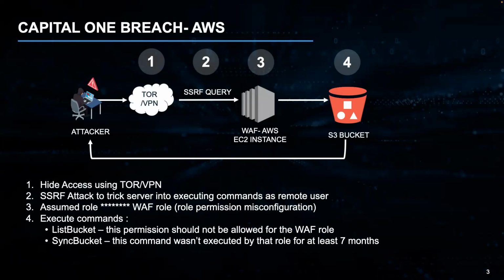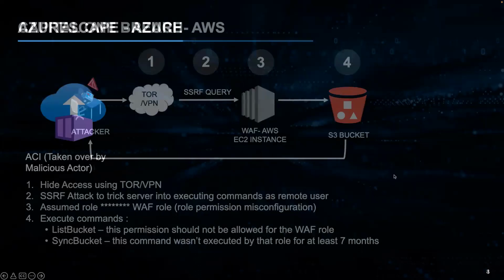Then they posted the confidential information on a GitHub page. The security industry analyzed it. In the first instance, both of these permissions shouldn't have been assigned to the WAF, and on top of it, both of these permissions weren't used for several months in the Capital One environment. So this is the first attack.